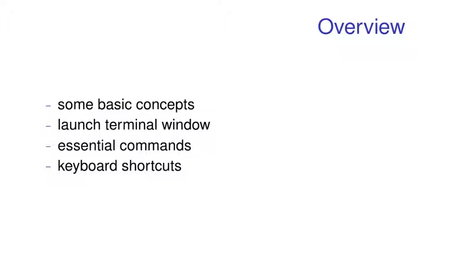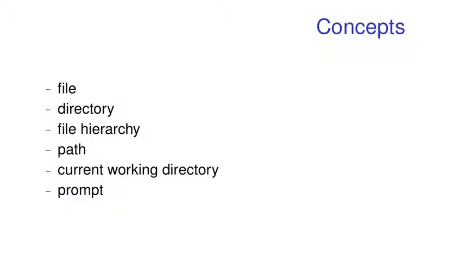Before you meet the basic commands, we should clarify some concepts that are used in connection to those commands. Those concepts are files that allow us to store any kind of data. These files are stored in directories. Directories contain files and other directories. All those directories together create a file hierarchy.